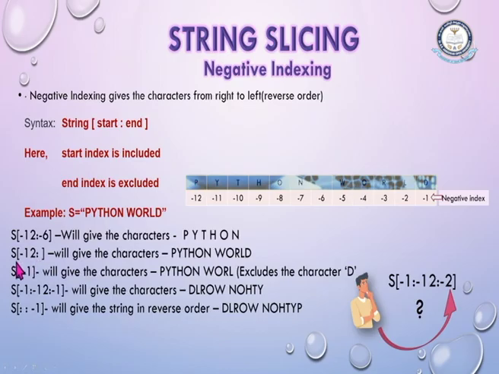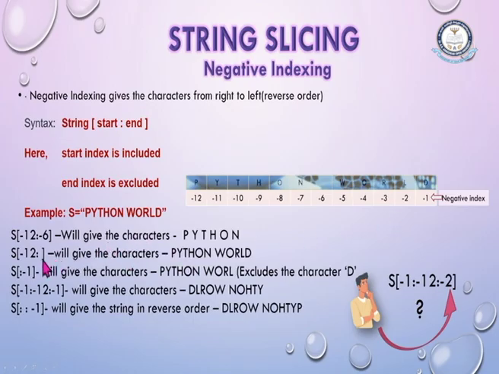Let us see another example, s[-12:], where the end index is skipped. When the end index is not mentioned, by default it will take the last end index. The last end index will be -1. So if you skip the end index, by default it will be the last negative index.